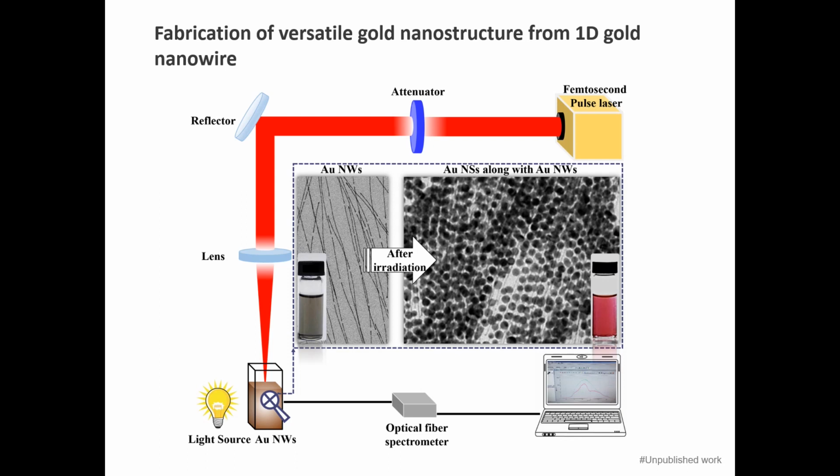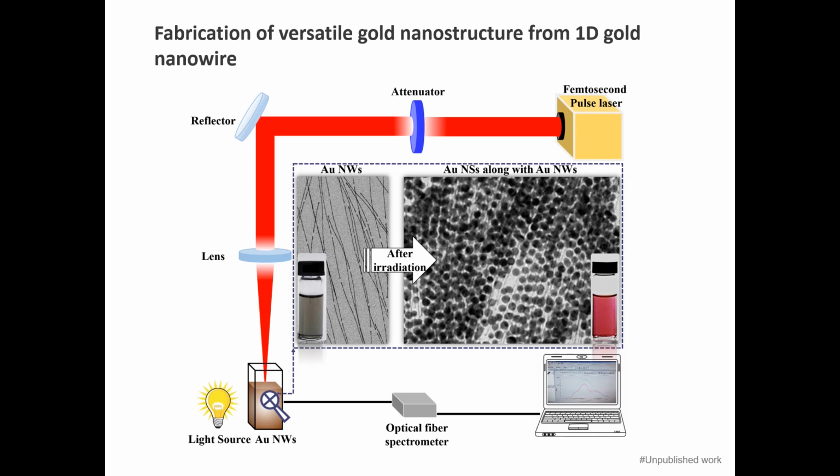We took the initial material as a gold nanowire, which is a one-dimensional structure, and we can see the gold nanowires are supported by gold nanospheres, like grapes on the tree, a kind of periodic array of structures along the nanowire itself.